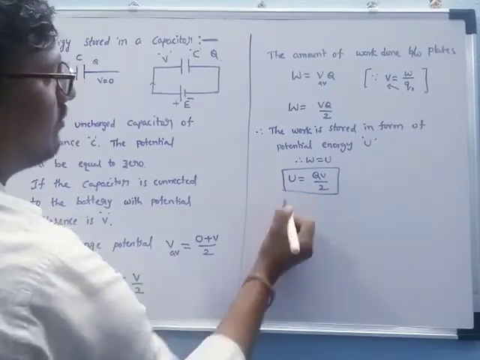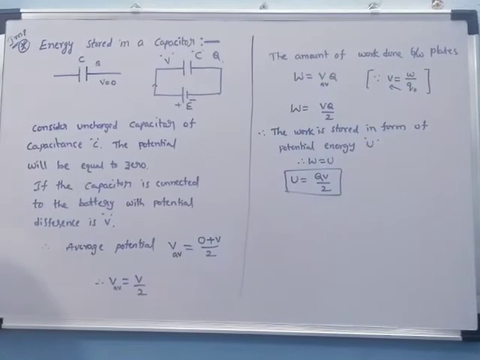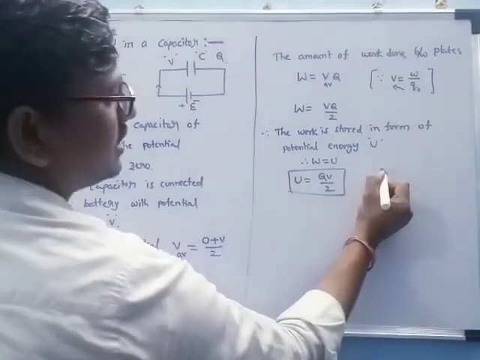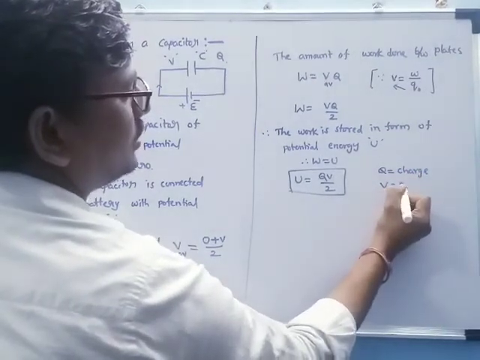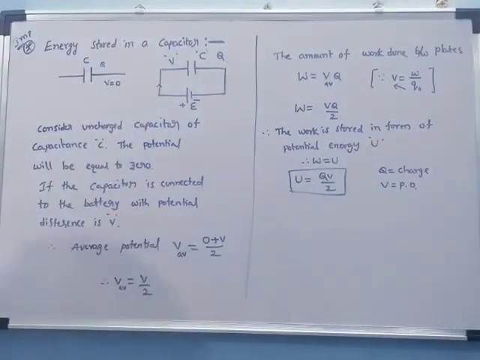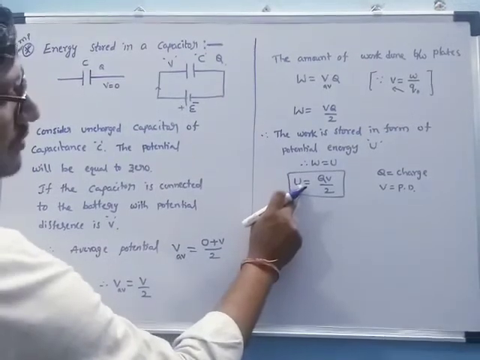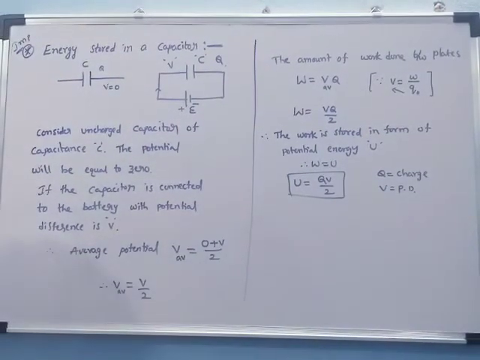This is the formula for the energy stored in a capacitor. Here Q is the charge and V is the potential difference.